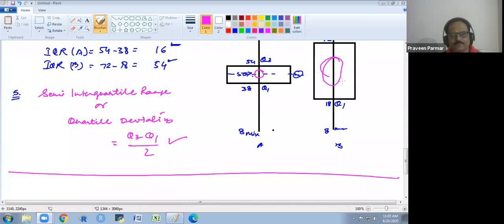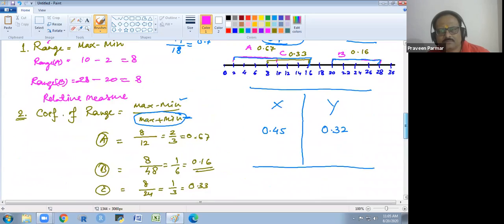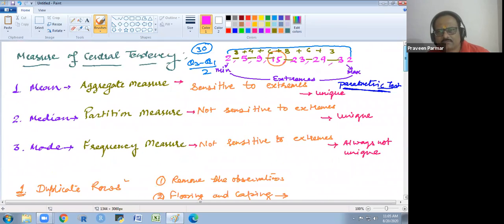Some of you are students of statistics, I think. Have you read about the average scatterness, which I explained above? No, that is not average. I explained that here.